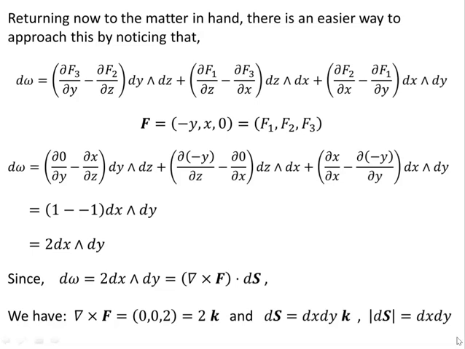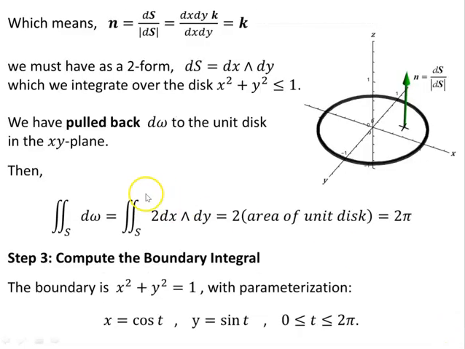So you can see k dot k is 1. So 2k dotted with dx dy k is just going to give you 2 dx dy. So that means n is k, as you'd expect.